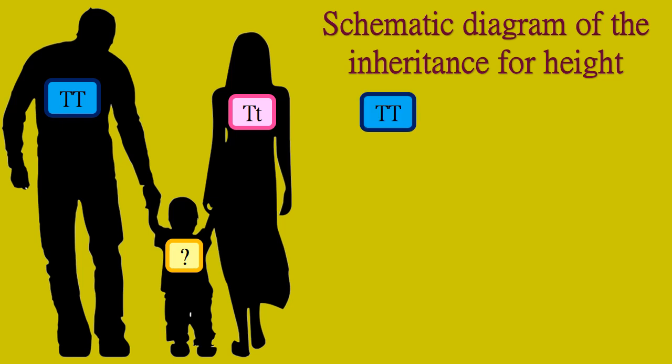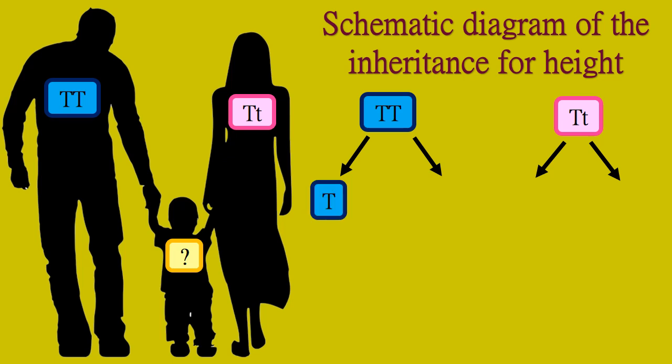First, write down the genotype for both the father and the mother side by side. Then we draw 4 arrows below. Then we write the capital T downwards, and capital T and small t below the mother's genotype. Then we do the combination.